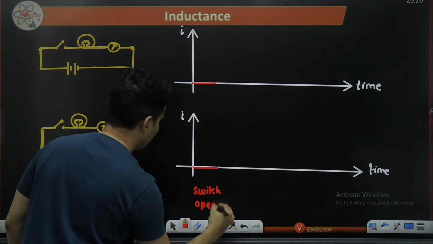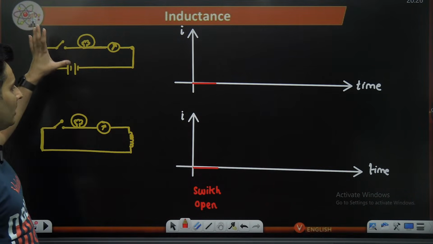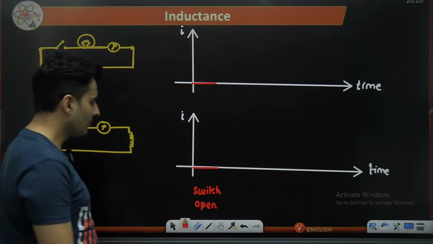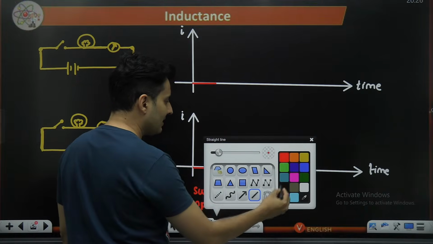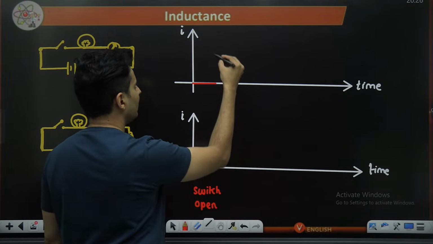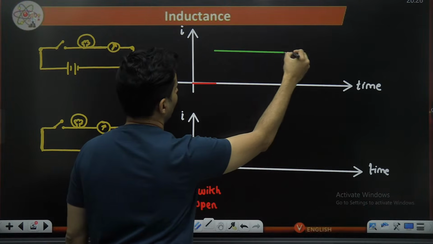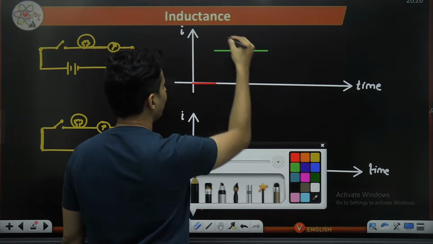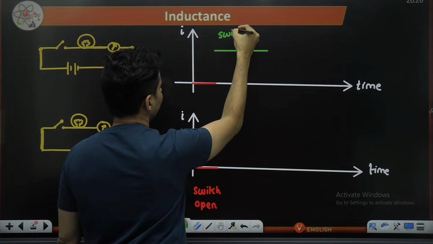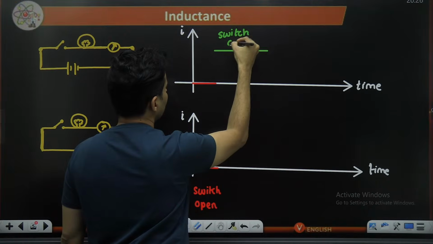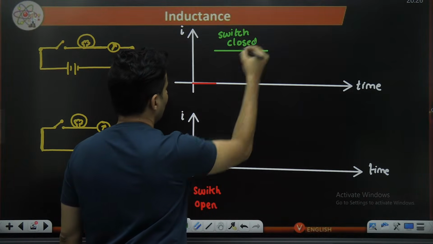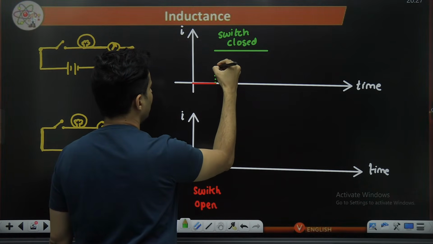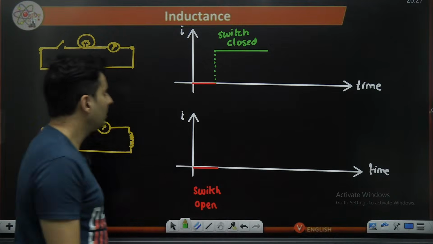That is why there is no current. The moment you close the switch, instantly the current is going to jump and some current will flow in the circuit. You will see there is an immediate jump in the current.